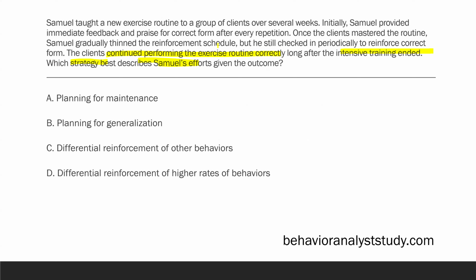Now, we also know that Samuel was providing immediate feedback and praise after every repetition, so a very thick reinforcement schedule. When it was mastered, Samuel thinned the reinforcement schedule and just checked in periodically. So essentially, he was doing maintenance checks. So based on this information and what the clients did and the outcomes, what was Samuel doing?